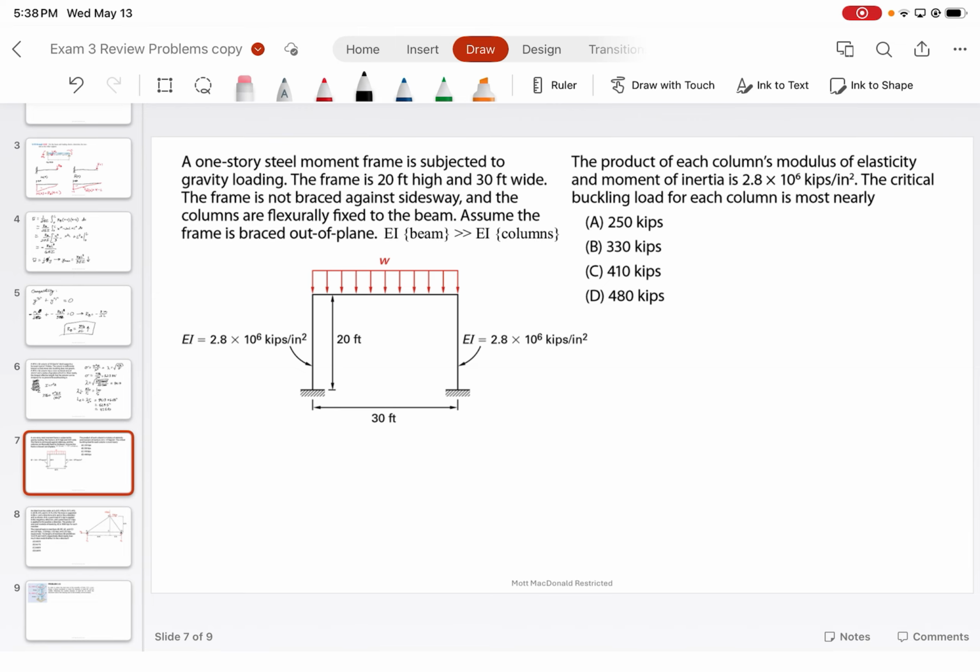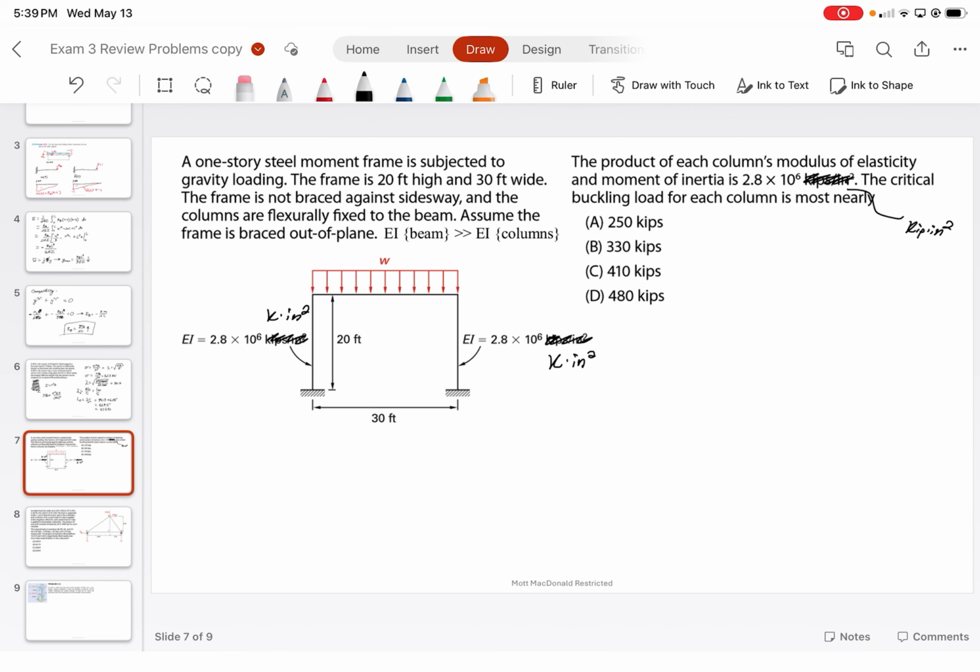Given that the product of E and I, which is also termed flexural rigidity, is 2.8 times 10 to the 6 kips. It should not be kips per square inch. The units of this should be kip inches squared, so it's kips times inches. Determine the critical buckling force for each column.